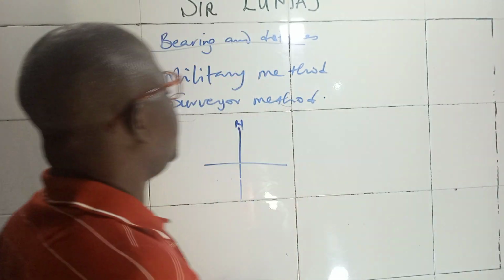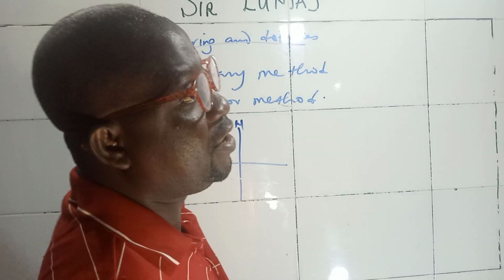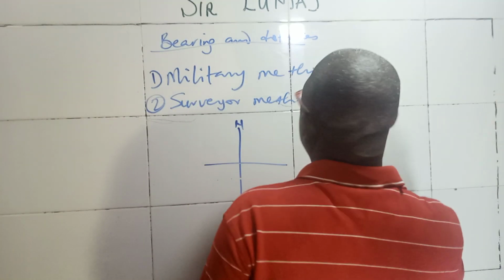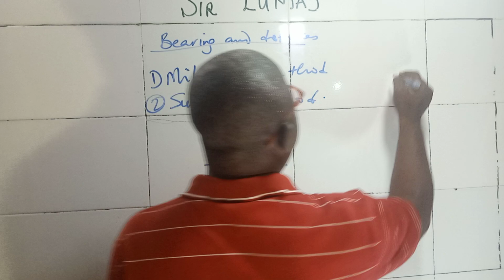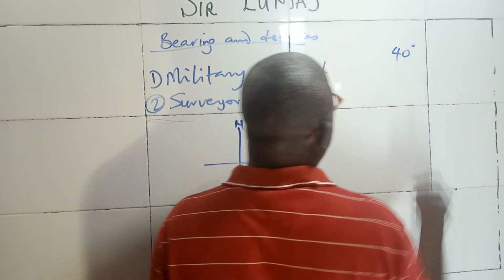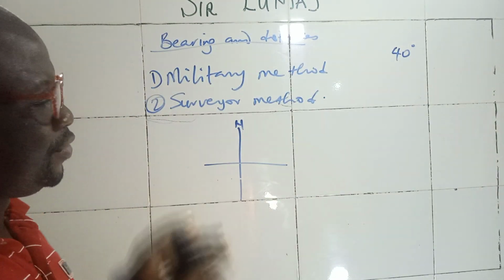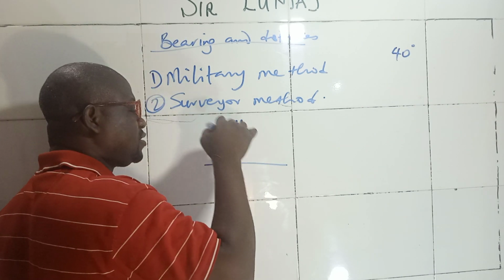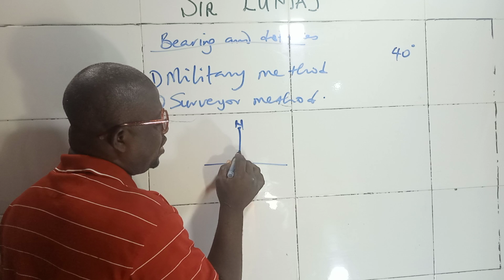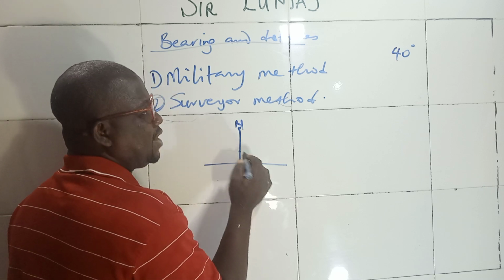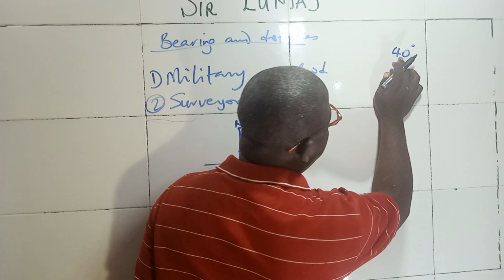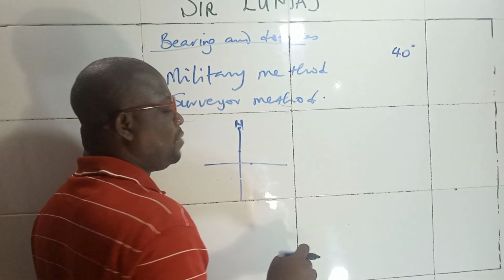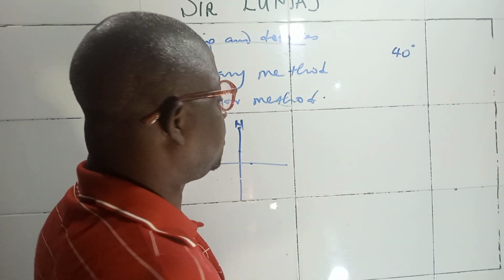Like I said, a man moves on a bearing of 40 degrees. Your reading must start from north. From north is 0, and from here to here is 90. A man moves on a bearing of 40 degrees.